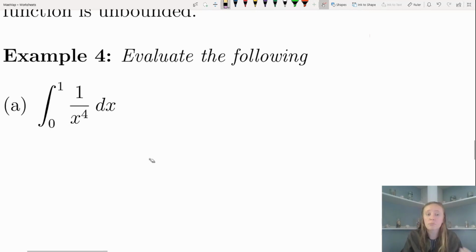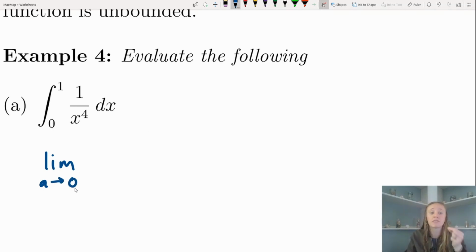So what can we not plug in? We can't plug in 0. So because we can't plug 0 in, we're going to have to take the limit. So we're going to take the limit as some variable a approaches 0, but now that we're approaching a finite number, we know we can approach from both the left and the right.